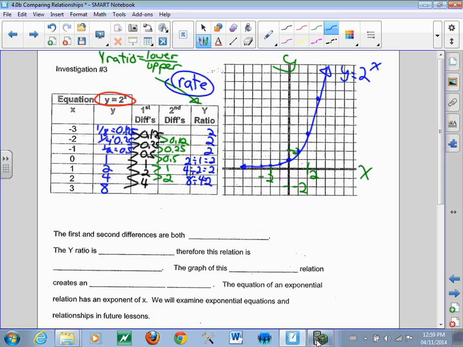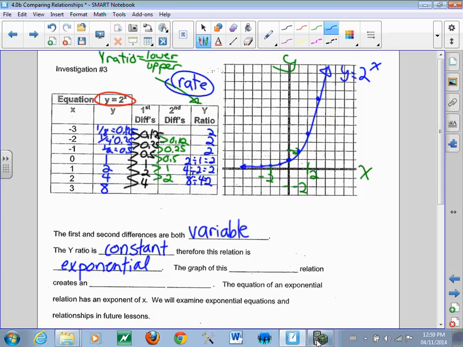The first and second differences are both variable, as we fill in these blanks. The y ratio is constant. That's probably new for you guys. Therefore, this relation is exponential.